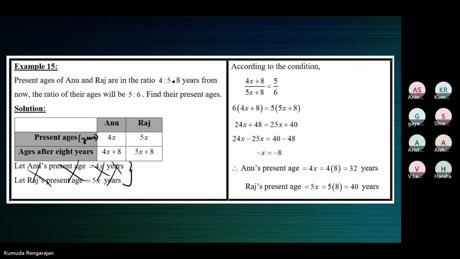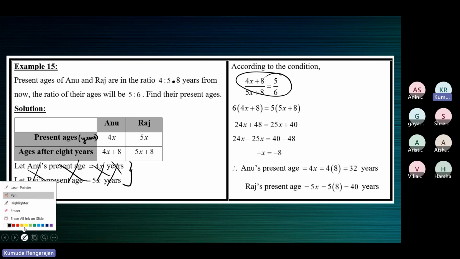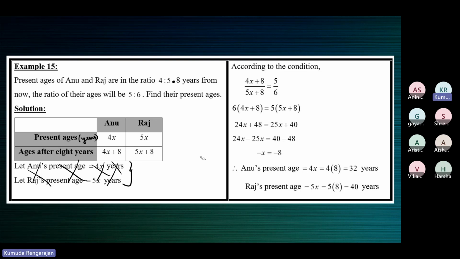I did not tell you how to solve this because you already know. We have to cross multiply, get all the x terms to one side, numbers to the other side, and find the value of x.